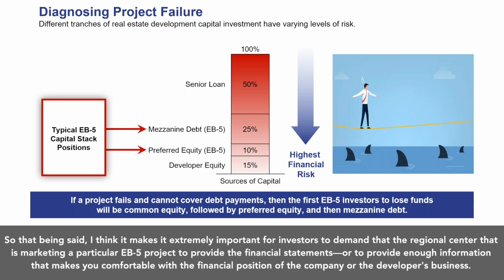So that being said, I think it makes it extremely important for investors to demand that the regional center that is marketing a particular EB5 project provide the financial statements, or provide enough information that makes you comfortable with the financial position of the company or the developer's business.